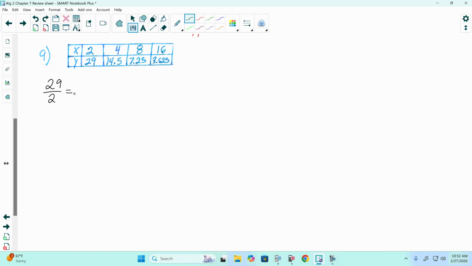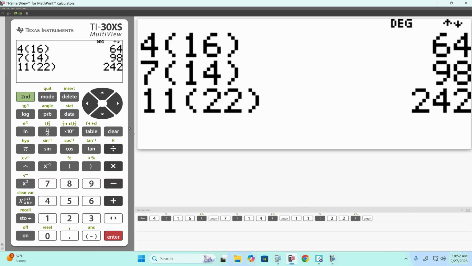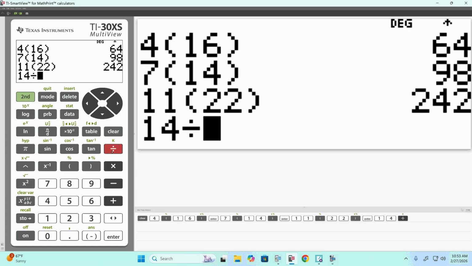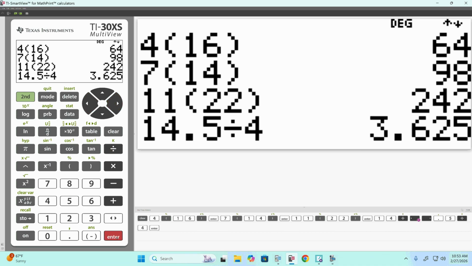29 divided by 2 is going to be 14.5. 14.5 divided by 4 is going to be 3.625. Then 14.5 divided by 4 is 3.625.